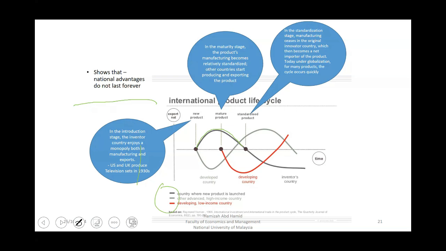And then developed countries, because they are the ones who can afford the product, they buy. But as time goes by, the developed countries begin to learn the technology, they become the exporters.